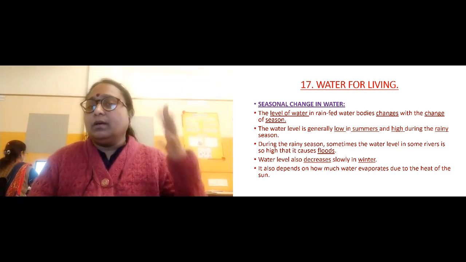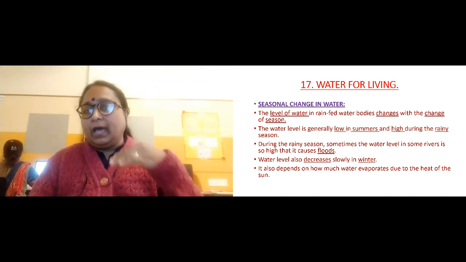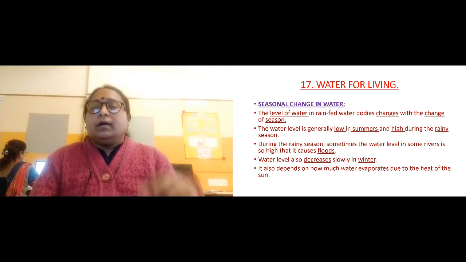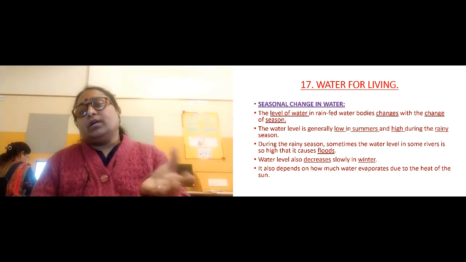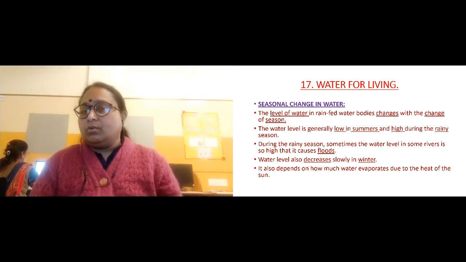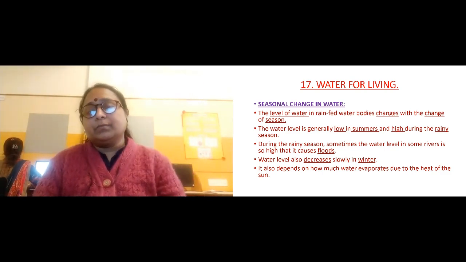When there is heavy rain, the level will increase much and finally lead to flood. It also depends on how much water evaporates during the summer due to the heat of the sun.